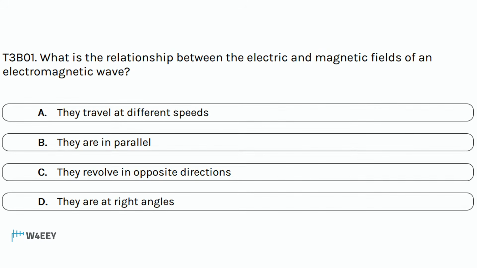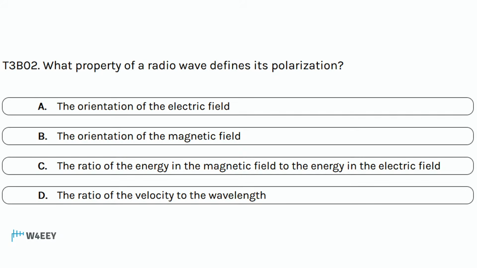And what is the relationship between the electric and magnetic fields of an electromagnetic wave? D, delta. Yes, they are at right angles or orthogonal. And what property of a radio wave defines its polarization?